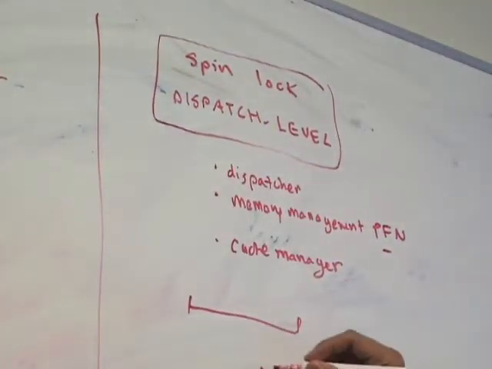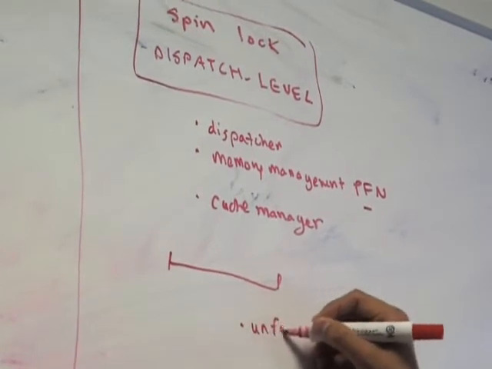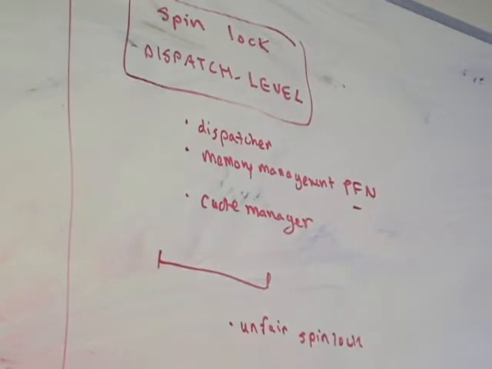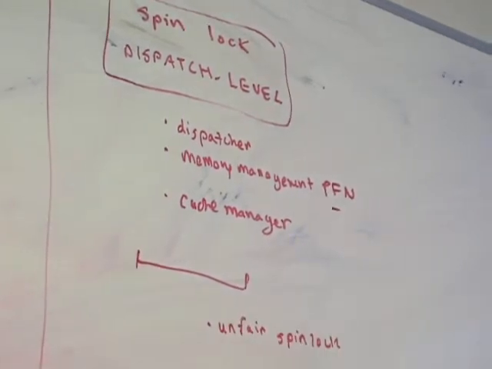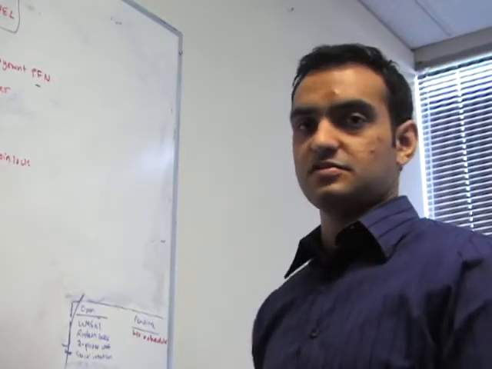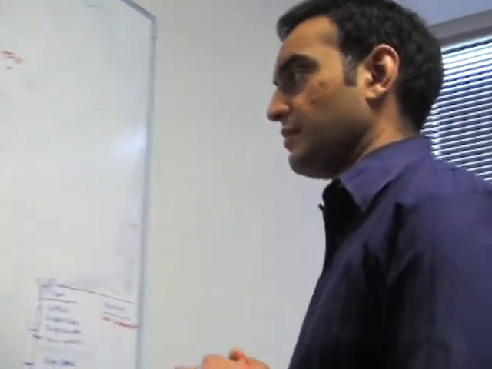One is an unfair spin lock. The idea here is it doesn't maintain any ordering. So if two CPUs collide and the lock gets released, the first guy who collided isn't guaranteed to get it, right? It's just whoever sees the memory available first gets it.